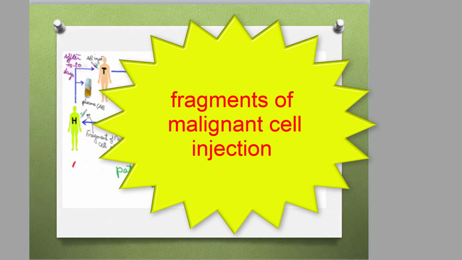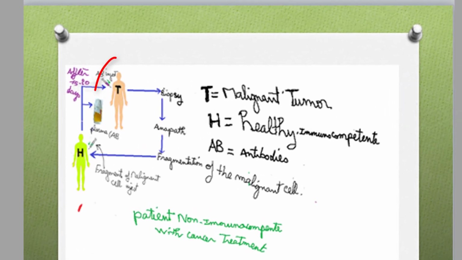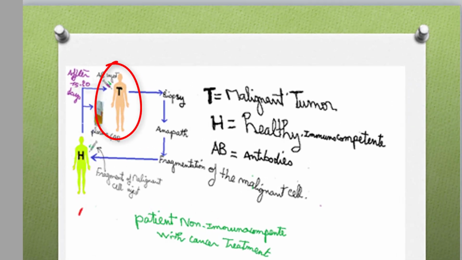Patient non-immunocompetent with cancer treatment. Patient non-immunocompetent with cancer. First, we do a biopsy, then ANAPAD for confirmation of malignant cells. After ANAPAD, we do fragmentation of the malignant cells in the laboratory.